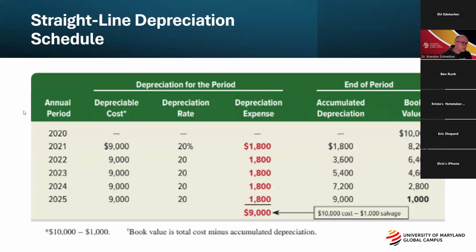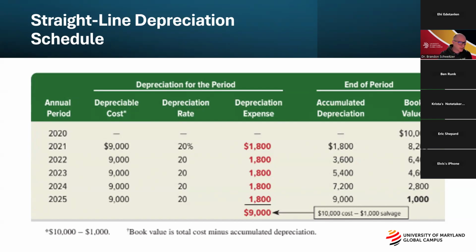And looking at the schedule for the straight line depreciation, this again shows us very simply we are depreciating it by the same amount every year for the 5 years.